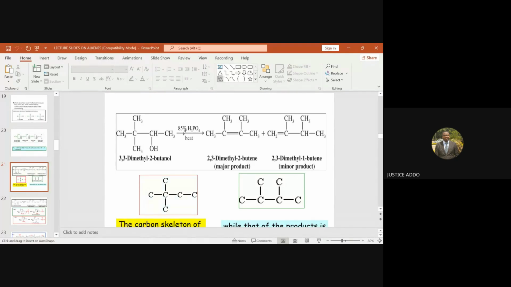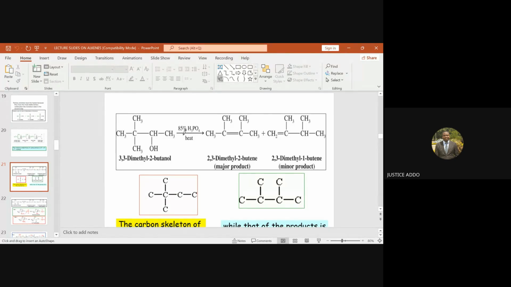So if I want to form an alkene that is more stable, then the primary carbocation which I have initially formed could undergo what we call rearrangement. And that rearrangement is what I mentioned by name. Now, anytime there's a Wagner-Meerwein rearrangement, it leads to the formation of the most stable intermediate, the carbocation.